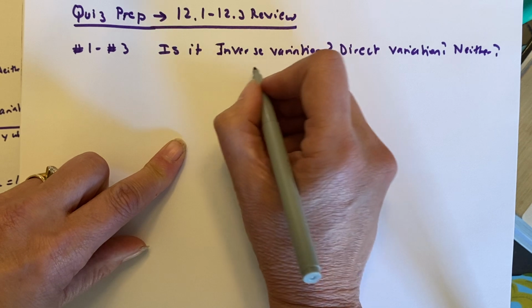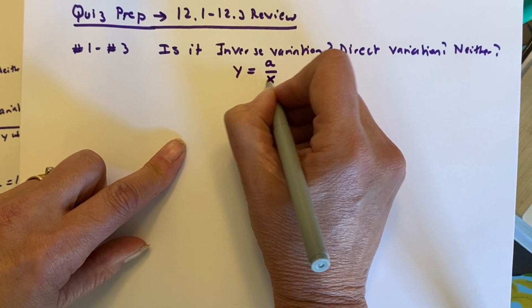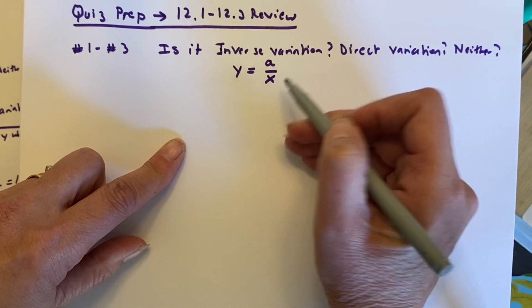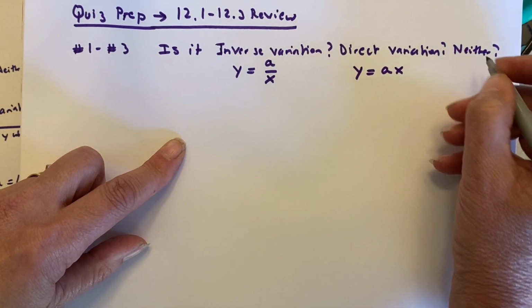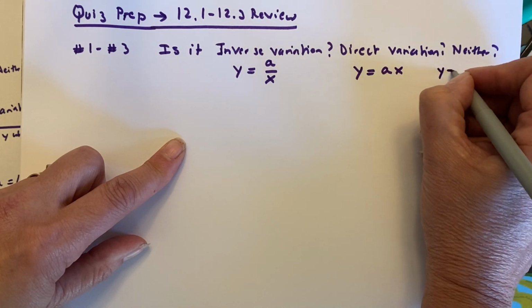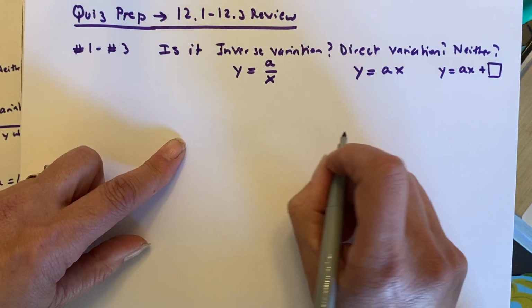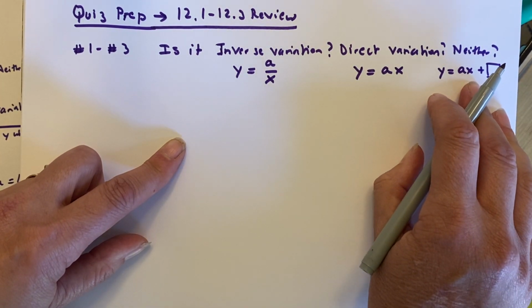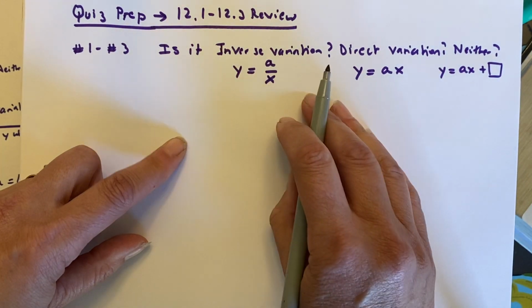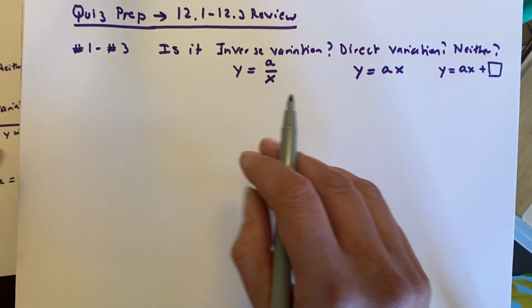Well, if you remember, inverse variation looked like this once you put everything equal to y, with x in the denominator. Direct variation looks like this with x in the numerator, and neither is usually because you have a value of some kind added, and that can't be a direct variation because by definition, direct variation has to go through the origin.